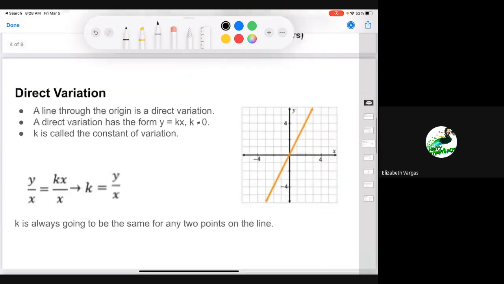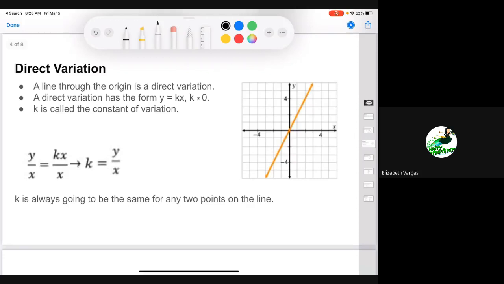Okay. We also have what is known as a direct variation, and we get a direct variation when a line passes through the origin. So if a line passes through the origin, basically the center point, which is (0, 0), that's the origin. If we have a line that passes through (0, 0), it contains a direct variation.